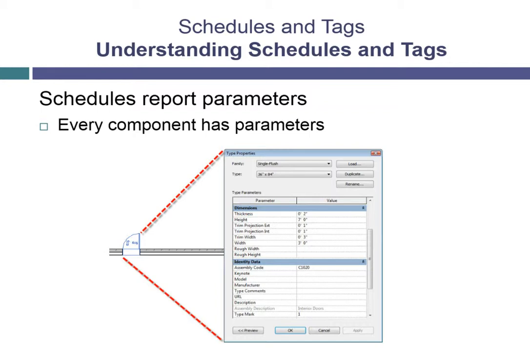Similarly, walls include parameters that keep track of things such as dimensions, materials, and fire rating. Room elements have parameters that keep track of the room name, room number, area, volume, and so on. You can see many of these parameters in the Properties palette or in the Type Properties dialog.